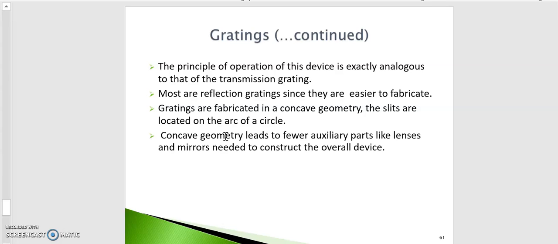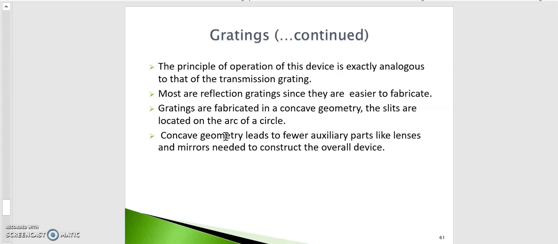We mostly prefer reflection gratings. Why? They are easier to fabricate. When compared to transmission gratings, reflection gratings are easier to fabricate, and they are fabricated in a concave geometry. Instead of a plane geometry, they prefer concave geometry and the slits are placed on the arc of a circle.